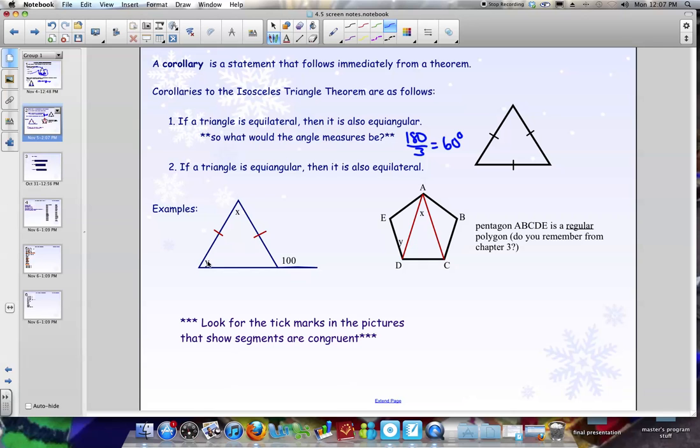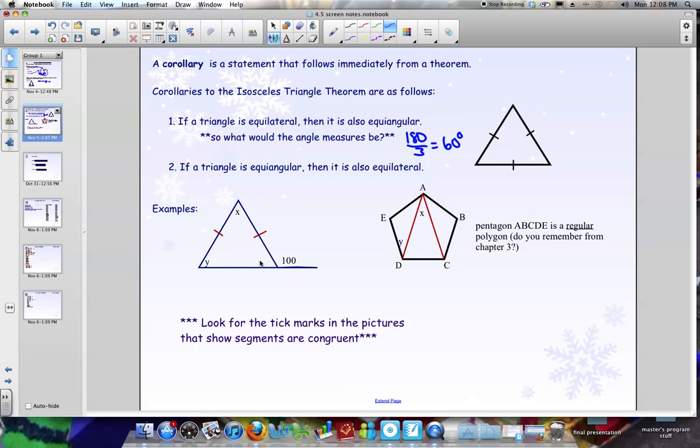The first example, I give you a triangle in which the exterior angle is 100 degrees. We can see that it's an isosceles triangle because of the tick marks. So we know that this angle is a base angle and that this angle is a base angle. So these two have to be the same measure. I can figure out what the measure of this one is because it's supplementary to the 100.